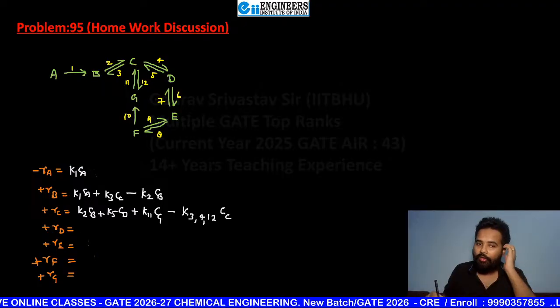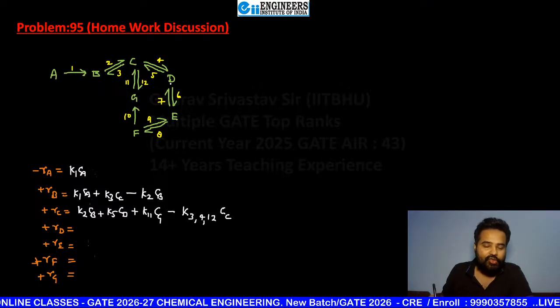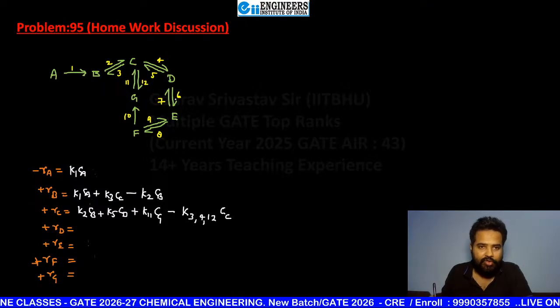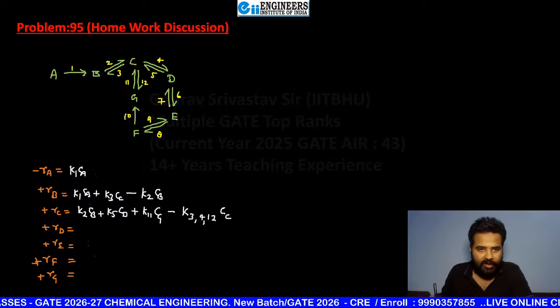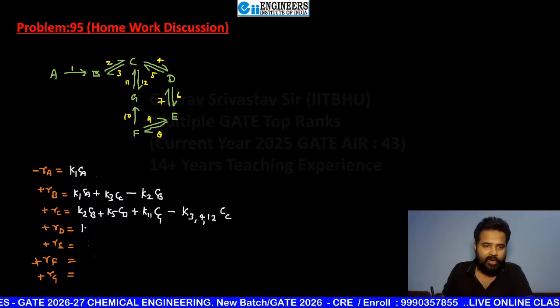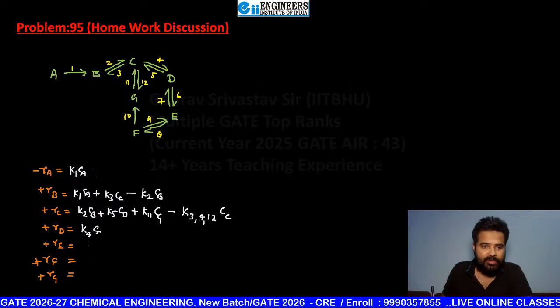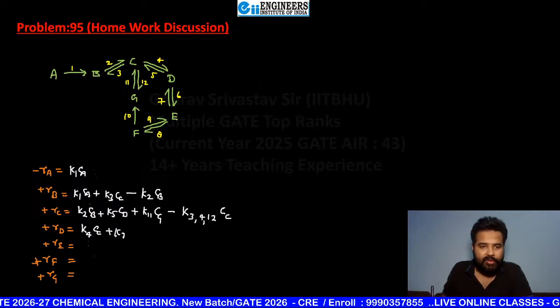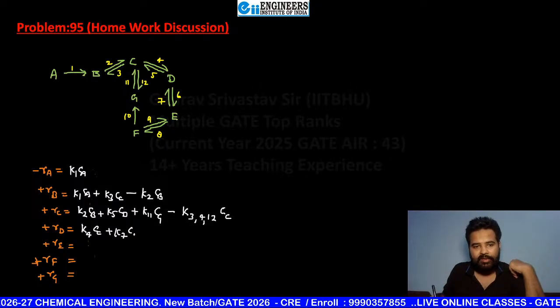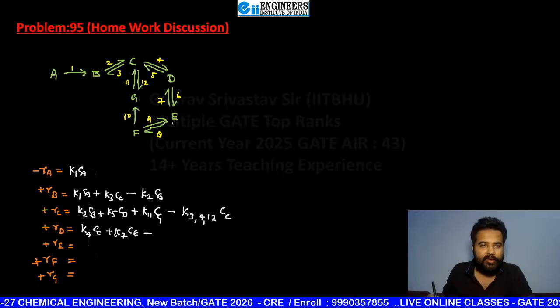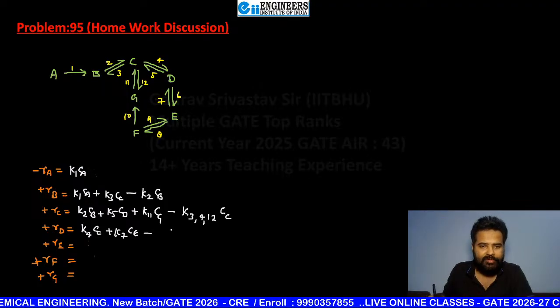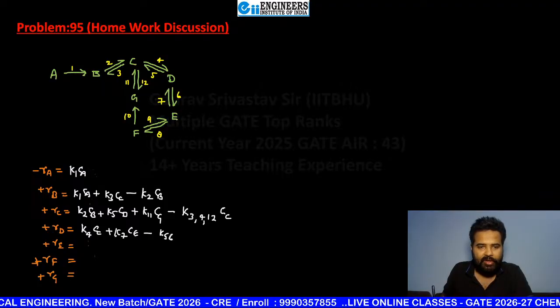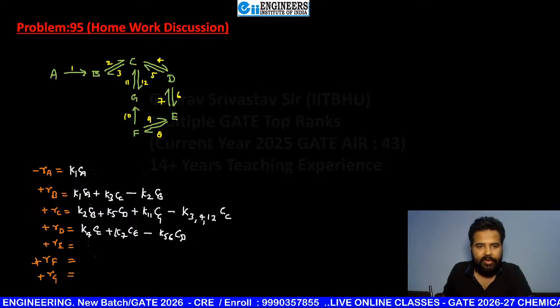Now next RD. So D, net rate of formation, is formed by the fourth path and the seventh path. So you can write K4CC plus K7CE. And D disappeared by path number 5 and 6, so you can write K56CD.